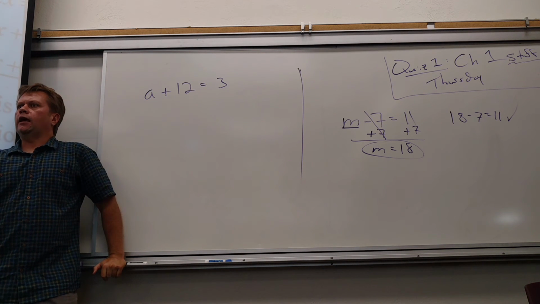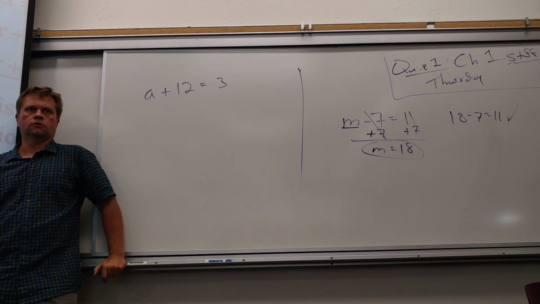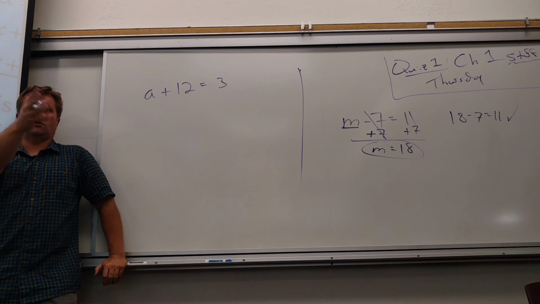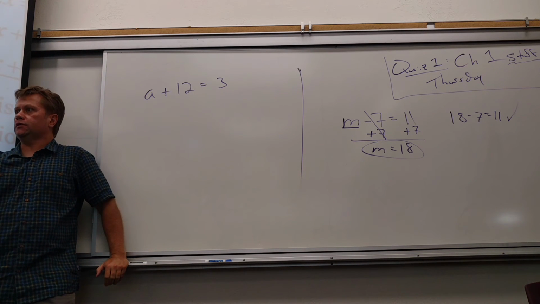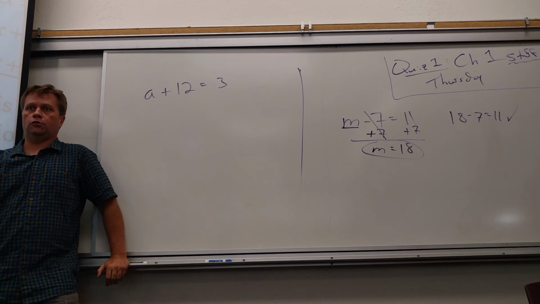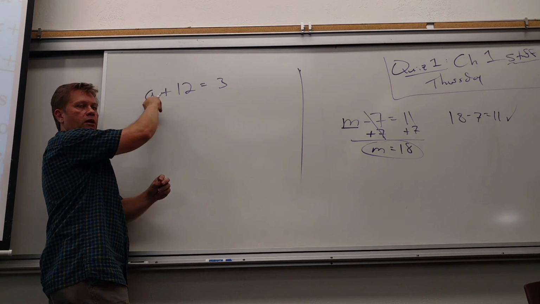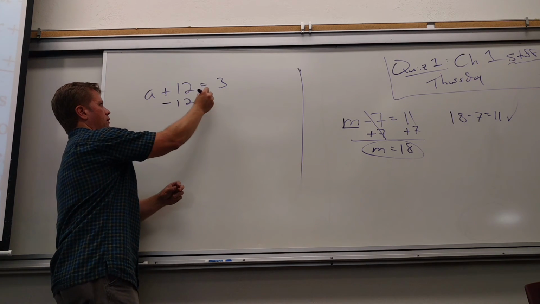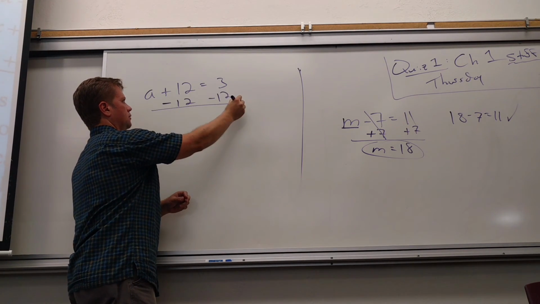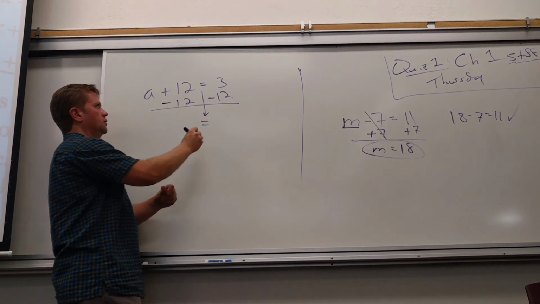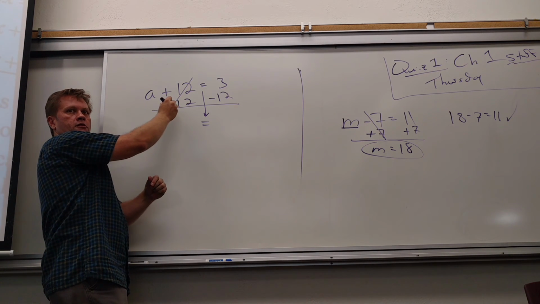So what about a plus 12 equals 3? What's being done to the a? It's adding 12. 12 is being added to the a. So how do I undo it? Subtract 12. I'm always trying to uncover. I want to undo what's being done to my a. So if I subtract 12 from both sides, that's gone.